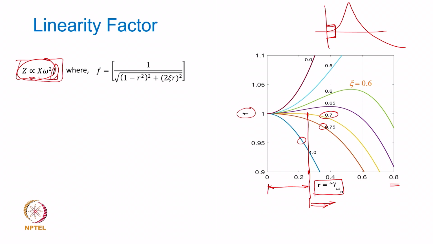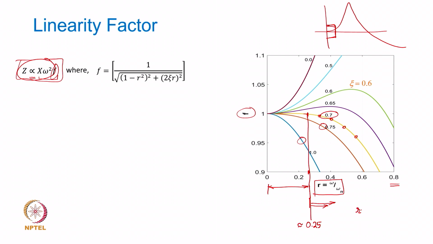You cannot keep on multiplying your output with different values at different frequencies. So, therefore, the measurable and usual operating measurement frequency range will be limited to this point. Okay. I mean, we can say that approximately this is equal to 0.25.